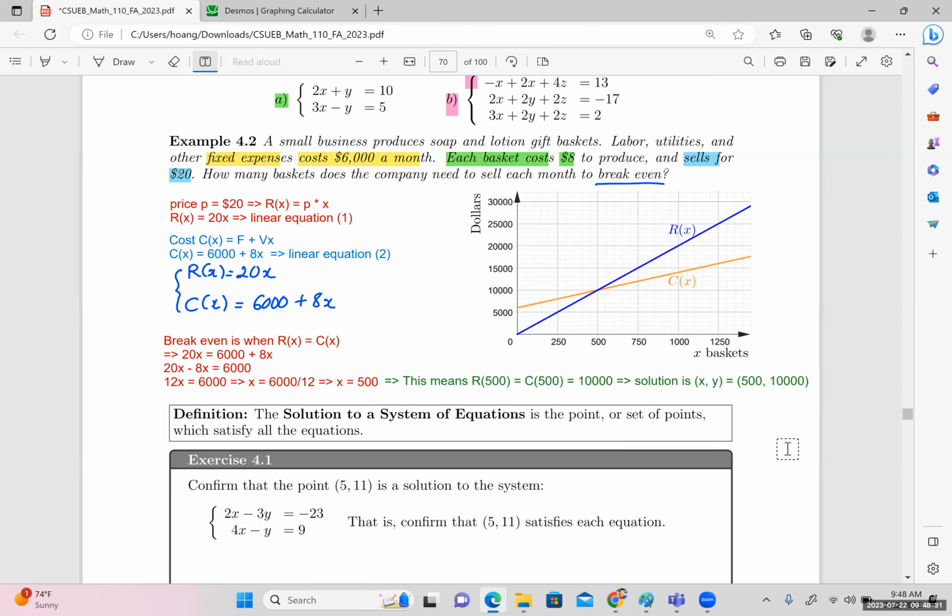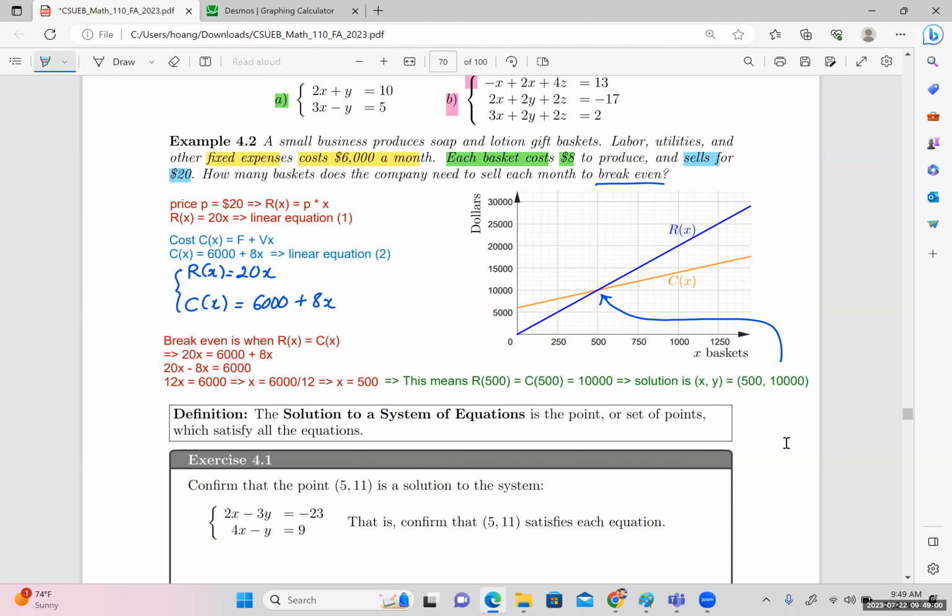So we will have this intersection here, which is the coordinate 500 and 10,000.